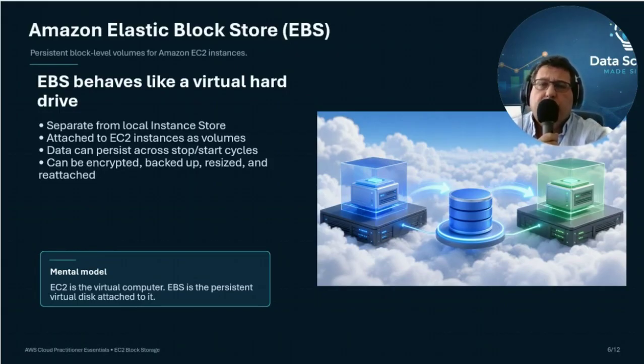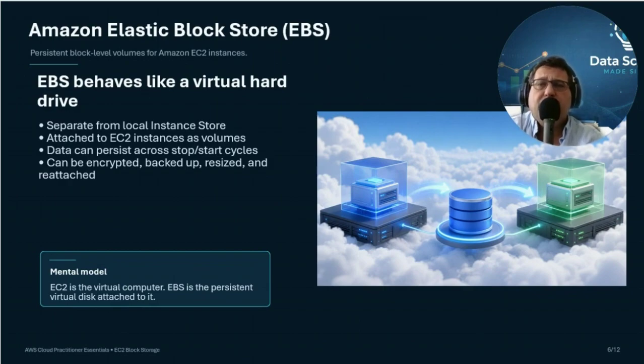This is where Amazon Elastic Block Store, or Amazon EBS, becomes important. Amazon EBS provides persistent block-level storage volumes for Amazon EC2 instances. The easiest mental model is to imagine the EBS volume as a virtual external hard drive. The EC2 instance is the virtual computer, and the EBS volume is the persistent disk connected to that computer.